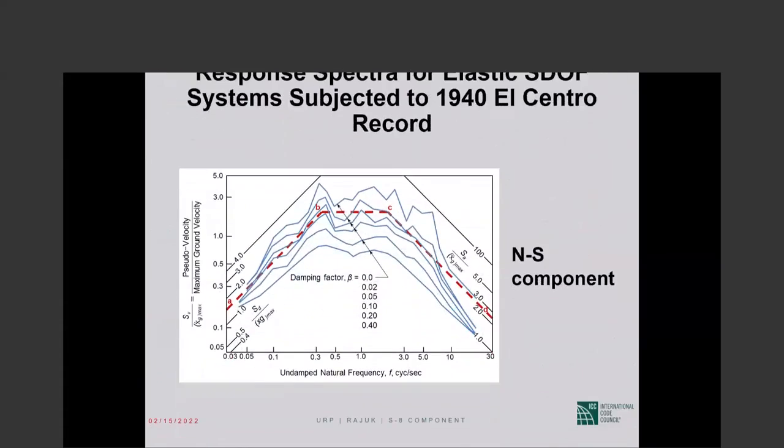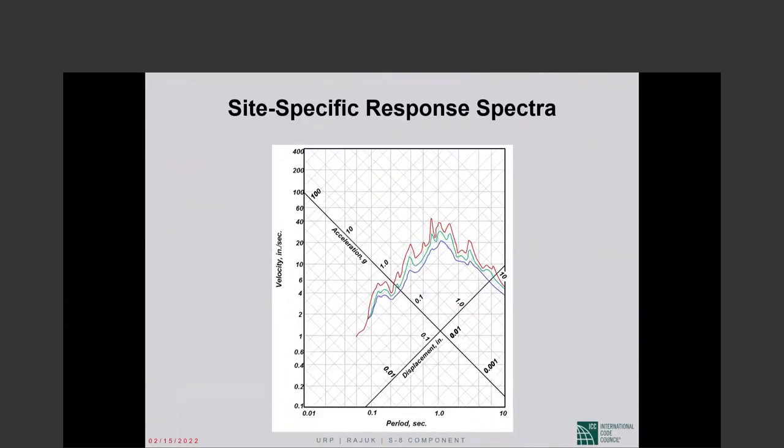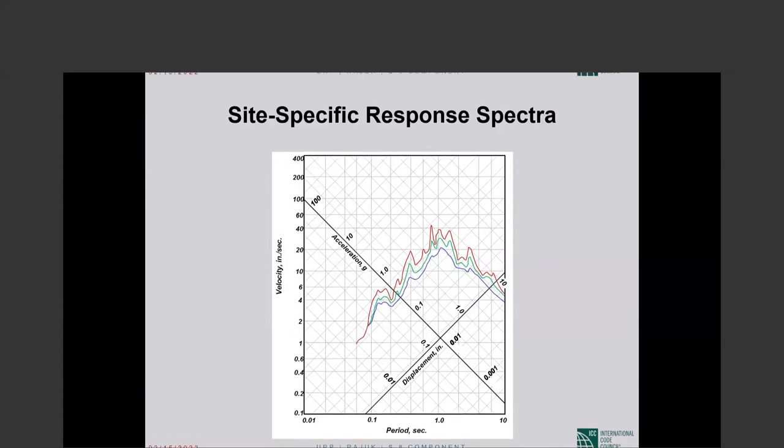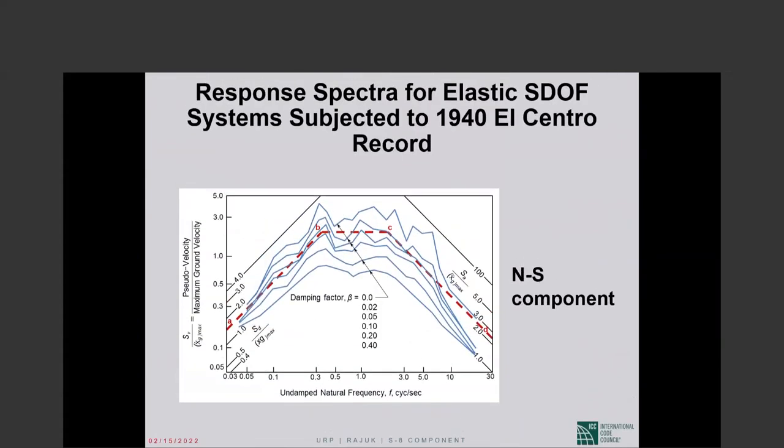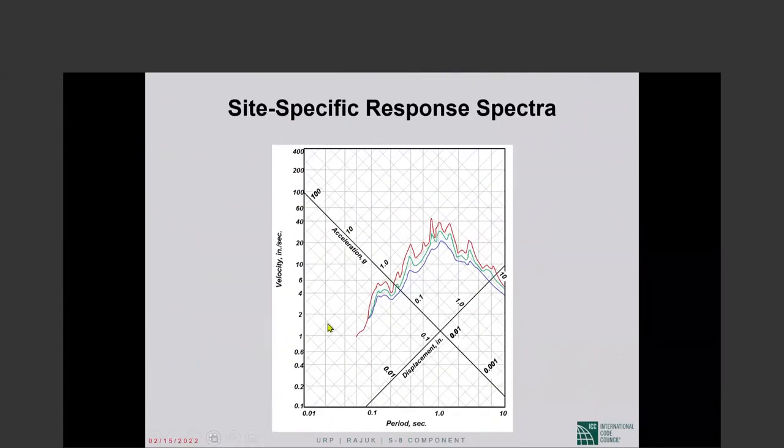You will see that. I think this will come up in discussion right now, actually. So we have gone from the Newmark plot to one of our plots where period is on the x-axis. The spectral pseudo velocity is, as always, on the y-axis.